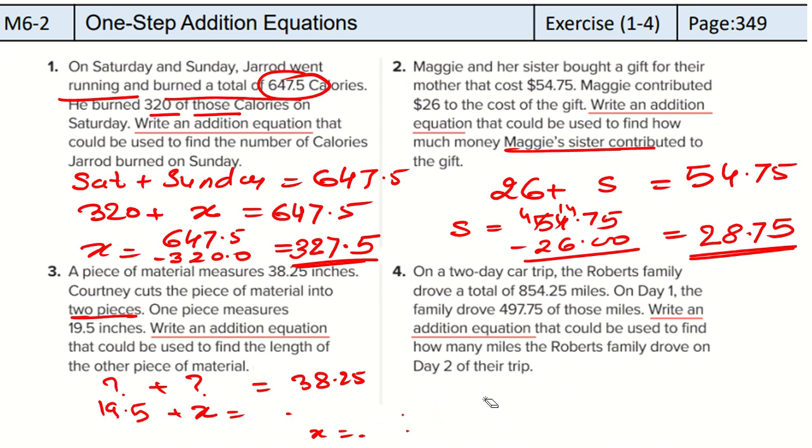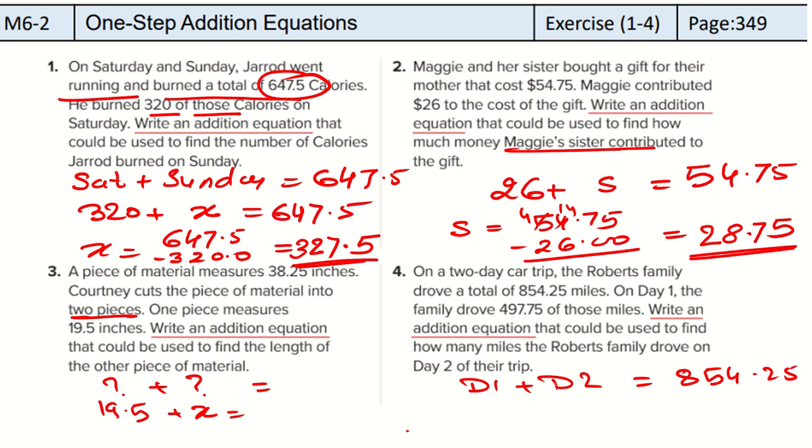Okay. Now let's talk about this number 4. On a 2-day car trip, the Robert family drove a total of 854.25. See, day 1 and day 2. Total they drove 854.25.